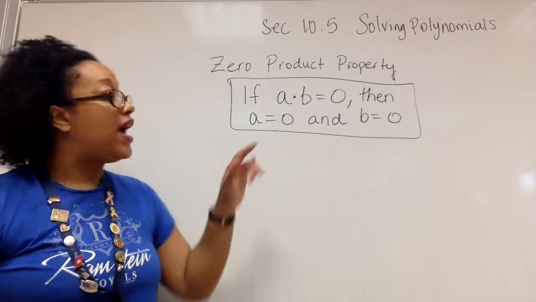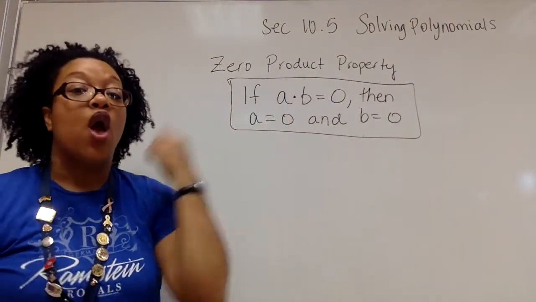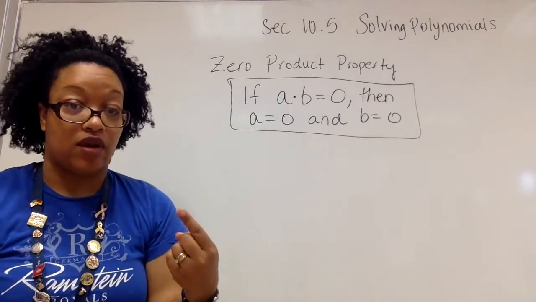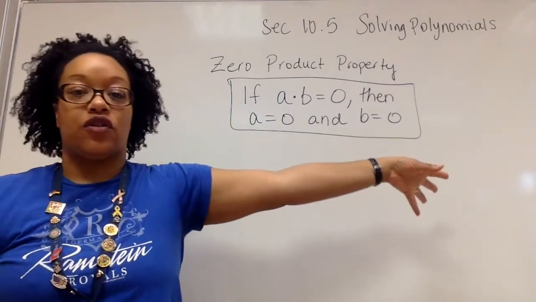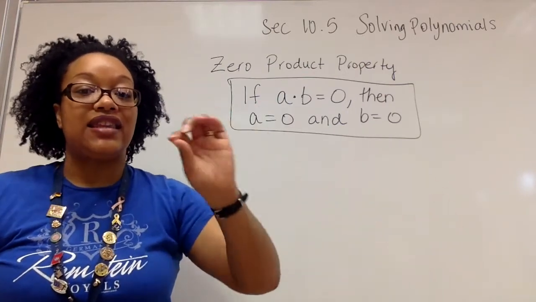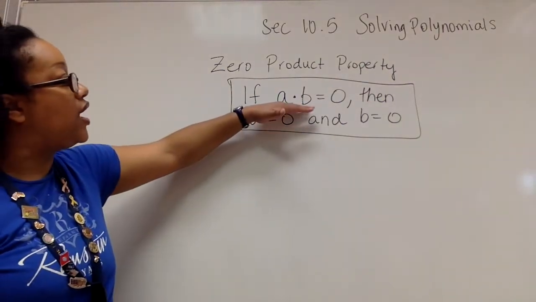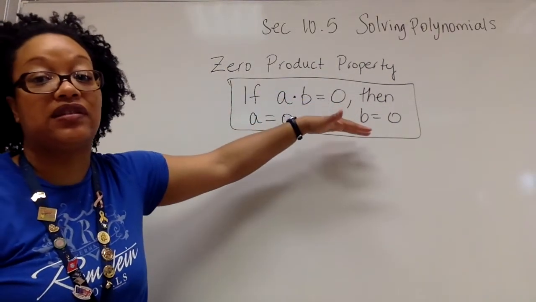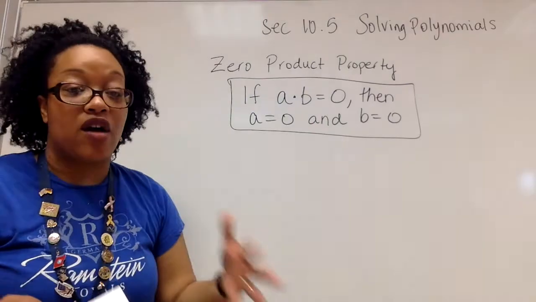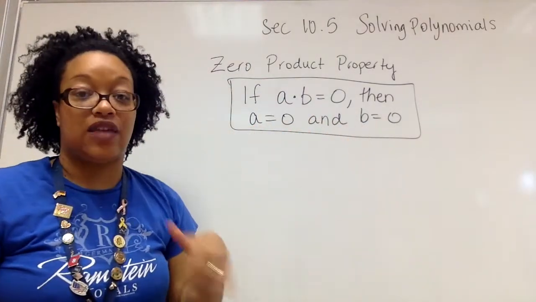Anytime you have two numbers or two expressions or two values equal to 0, one of them has to be 0. I mean, you learned that back in the 3rd grade when you were learning your multiplication tables. Anything times 0 is 0. Well, when we have a polynomial expression equal to 0, we don't know which part is the 0. So we set both parts equal to 0 and solve.